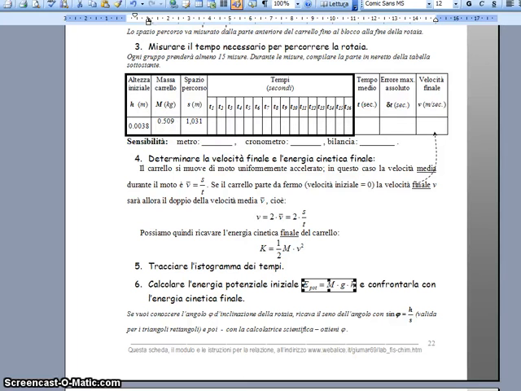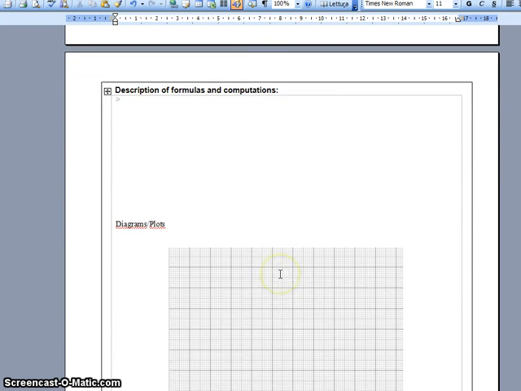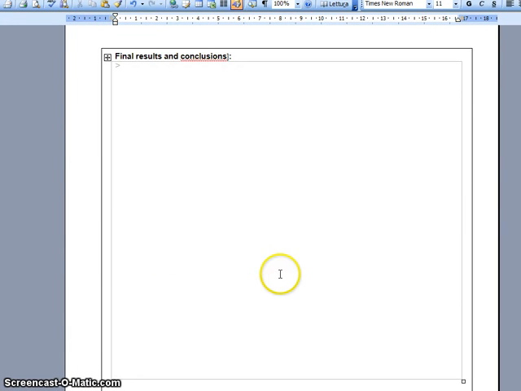Okay, you have to discuss this topic at the end. You have to write about why the initial potential energy was not equal to the final kinetic energy. Because there is some friction. Okay, well, you can try, don't worry.